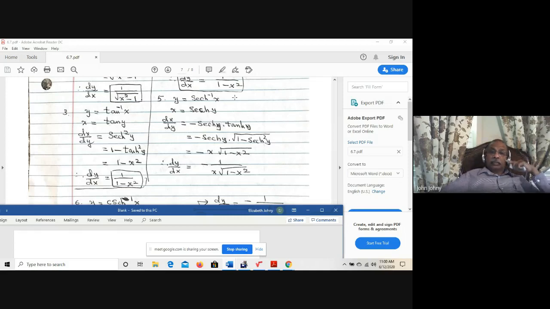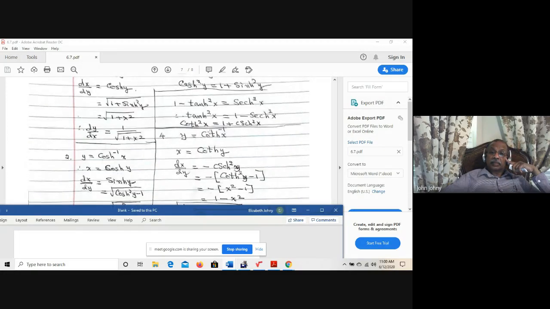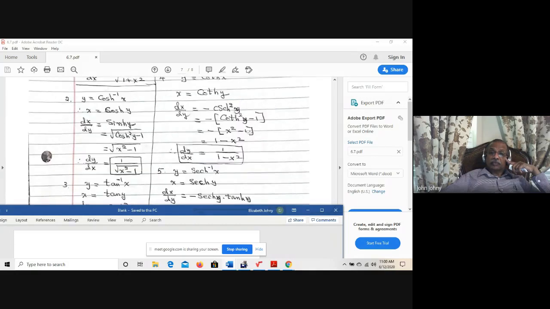Wow, fifth one. y is equal to sech inverse x, so x is equal to sech y. dx over dy is negative sech y times tanh y. We have seen the derivative there. That is negative sech y times square root of 1 minus sech squared y. Here it is, 1 minus sech squared y.